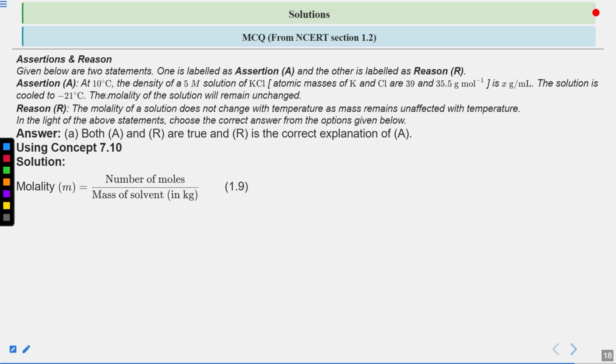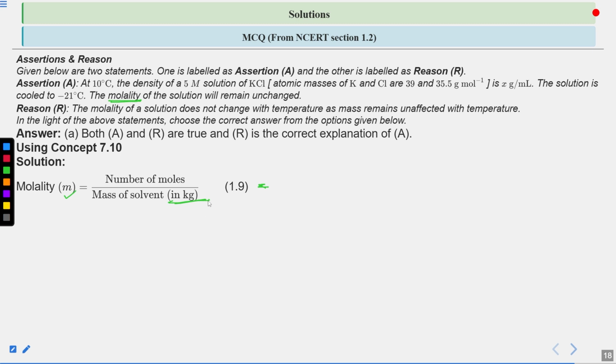In the assertion, we are talking about molality. Molality, represented by small m, is given by the number of moles divided by the mass of solvent in kgs. This molality equation is equation 1.9 in our NCERT textbook.